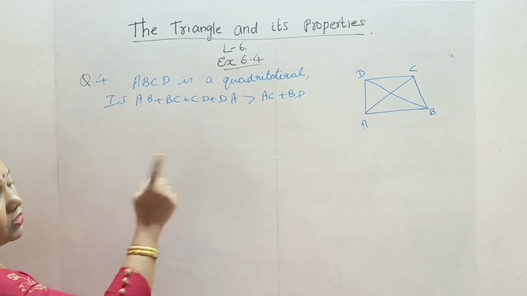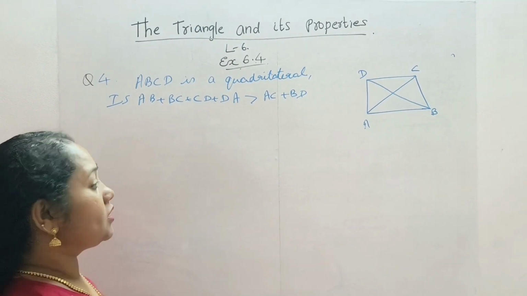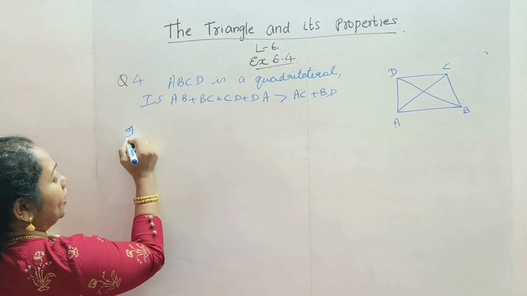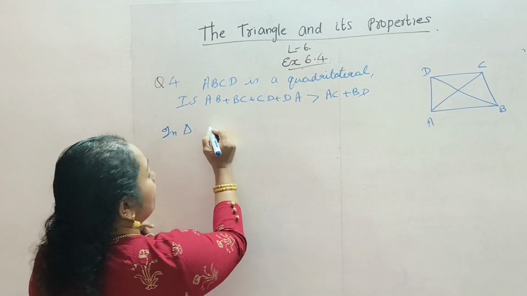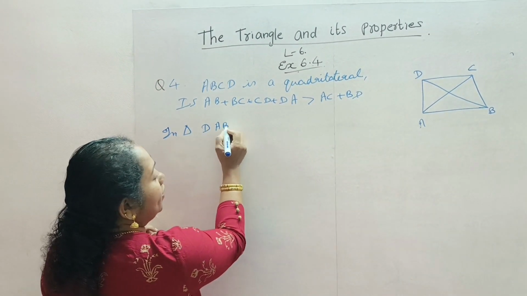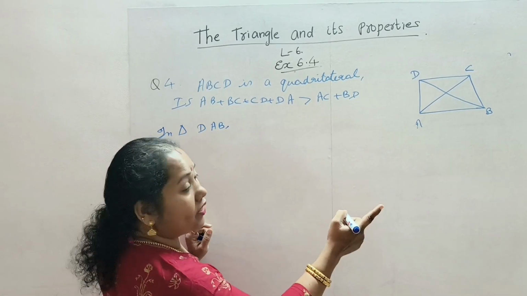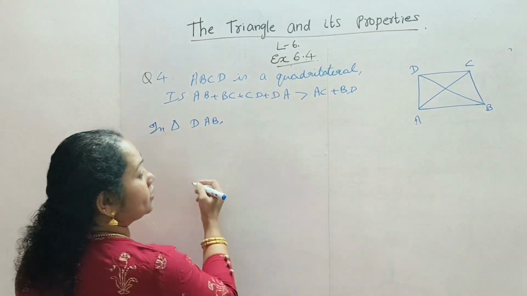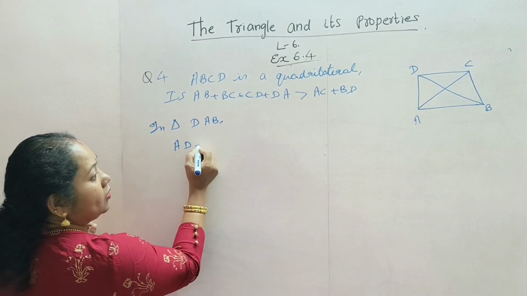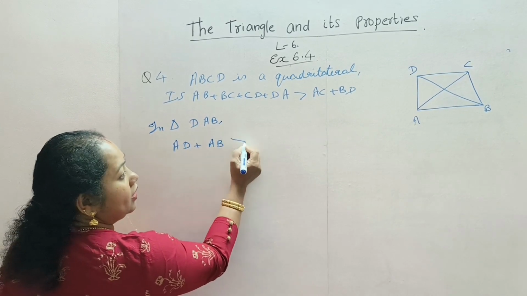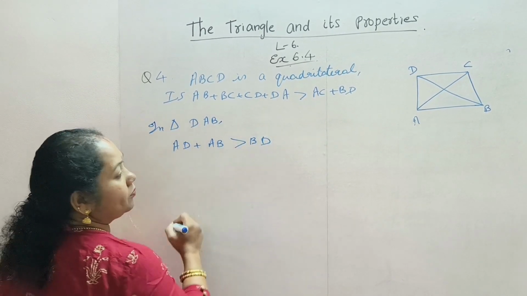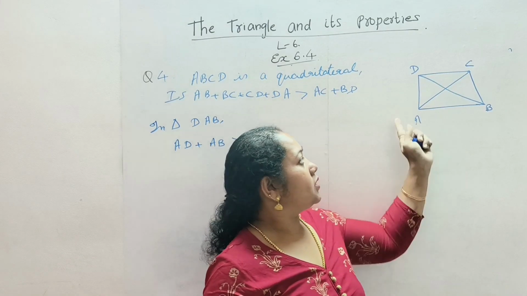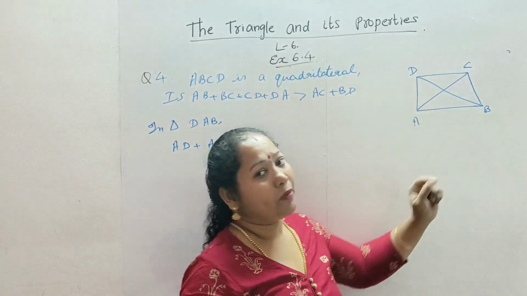Let us first consider the triangle with AB as base. So in triangle DAB, we have to take the diagonal, so we take the sum of sides: AB plus AD is greater than BD.